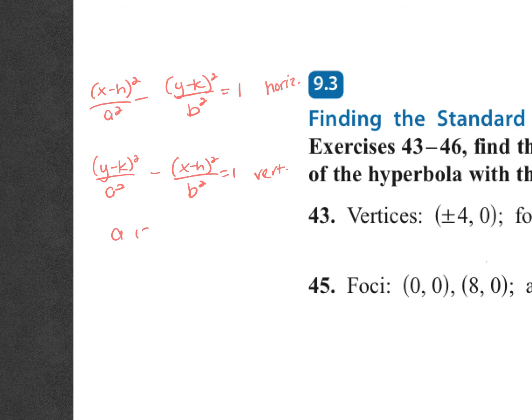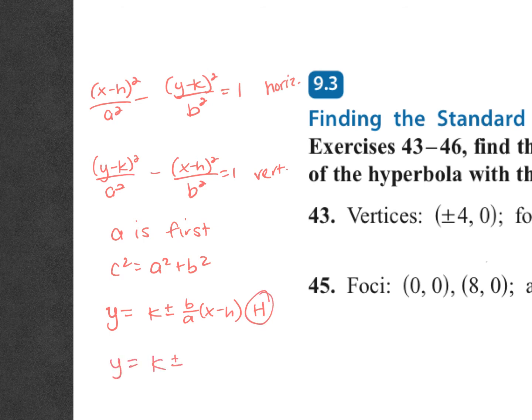This time, a is always first. c² equals a² plus b², and the asymptotes are y equals k plus and minus b over a times (x − h) if it's horizontal, y equals k plus and minus a over b times (x − h) if it's vertical.